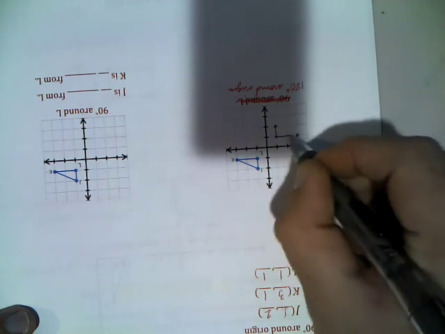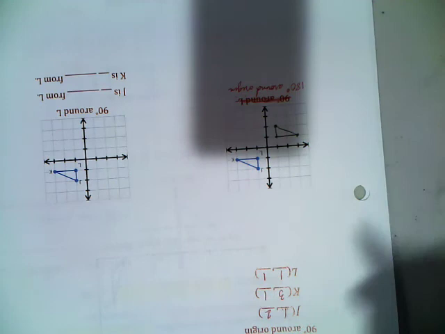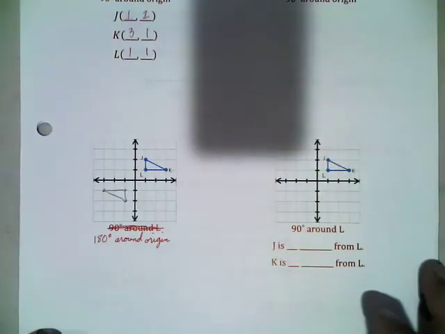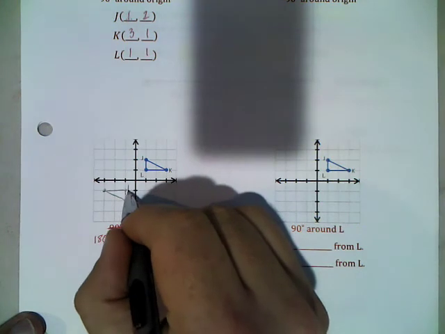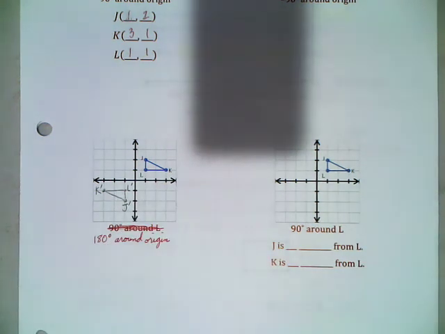Connect the dots. And then if I unspin it, obviously my right angle is my L prime, that real sharp angle is my K prime, and odd man out again is my J prime. So does that look like we've gone halfway around? Yes, it does.